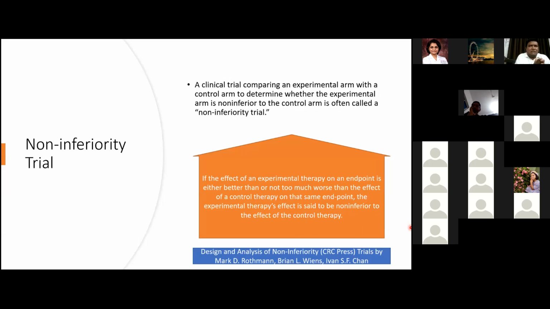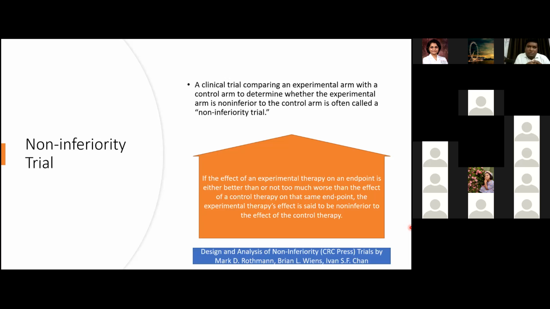Again, let's take the hypertension example here. We have an experimental therapy and we have a control therapy. Let's say that the control arm reduces the blood pressure by, say, 8 millimeter mercury, whereas the experimental arm reduces the blood pressure by, say, 12 millimeter mercury.